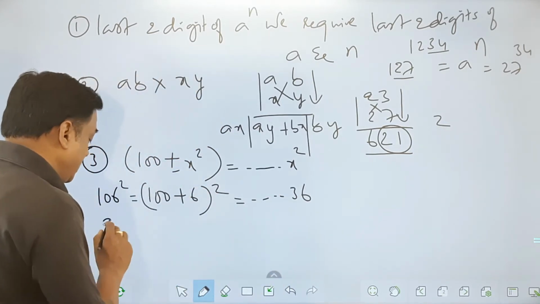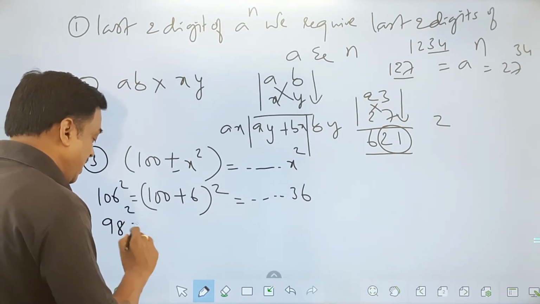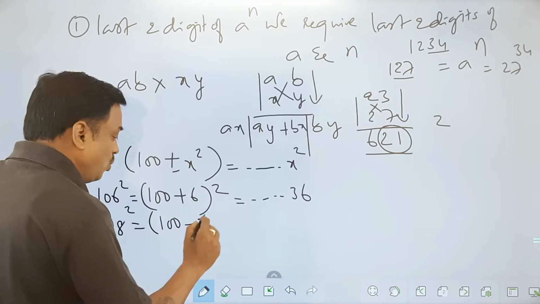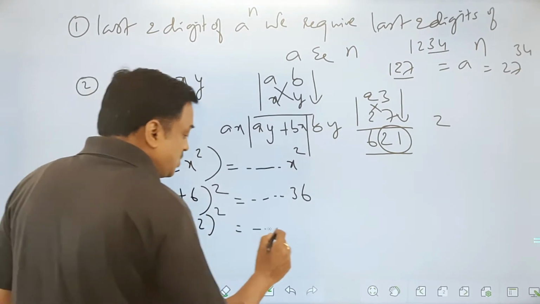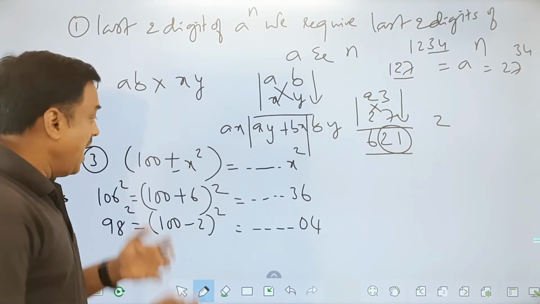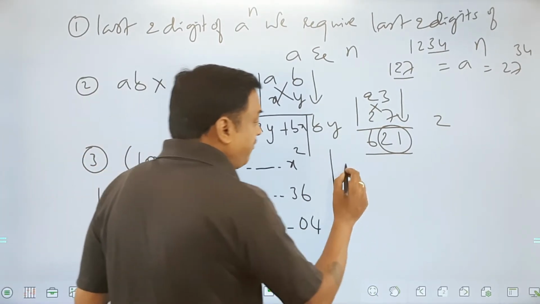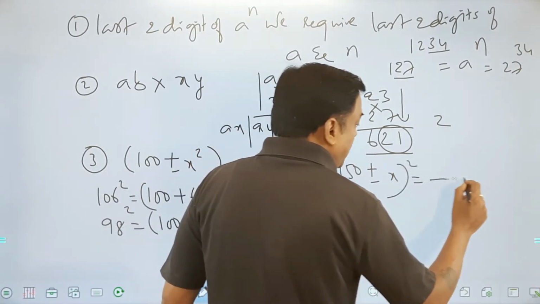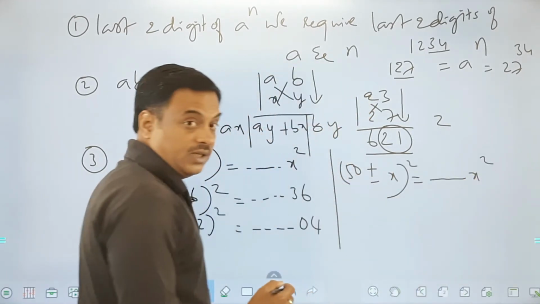Or if I am finding 98², for example, then this can be written as (100 − 2)². So the last two digits will be 04, nothing but 2². And the same thing, I also have (50 ± x)², which also ends with x².